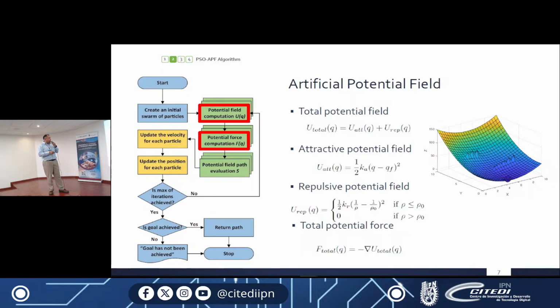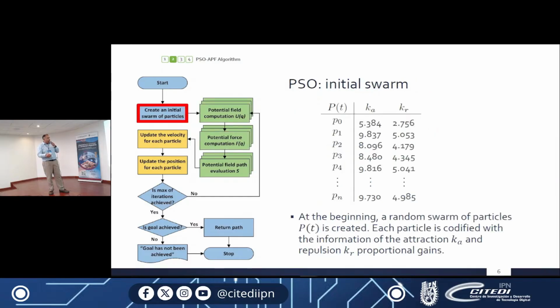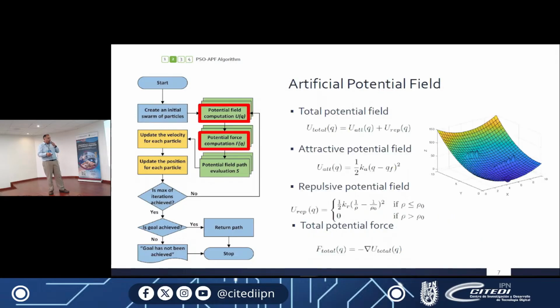This initial swarm of particles, or initial proposal of solutions for the path planning problem, is evaluated using the artificial potential field. First, we evaluate the potential field. Every particle represents a solution. Particle 0 represents the first proposed solution, particle 1 the second one, and so forth.